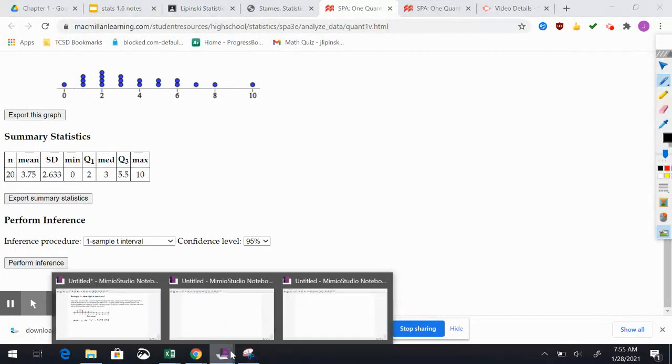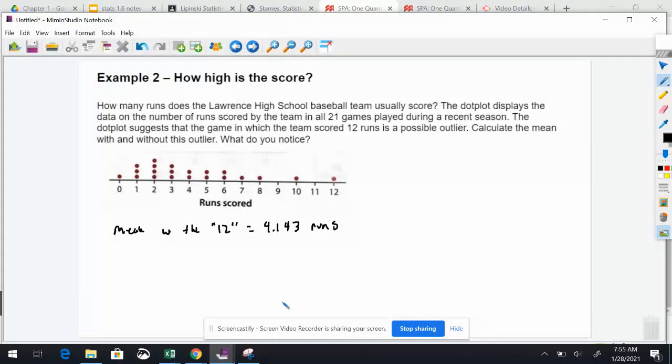So the mean without the 12, or the outlier, was 3.75. You can see it went down. We got rid of the possible outlier and it clearly went down. So hopefully that makes sense.